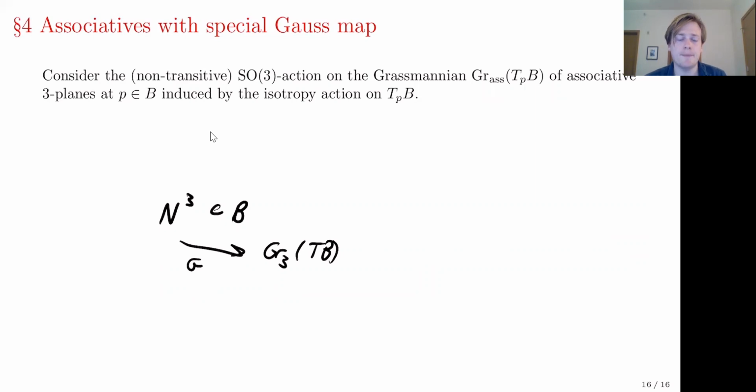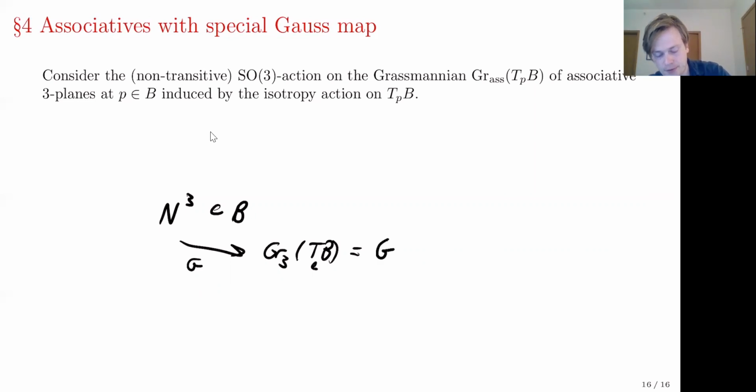Now, B is homogeneous under the action of SO5, so you can always act by an element of SO5 to pull it back so that you're actually in the tangent space at the identity coset of B. So remember, the isotropy representation is the representation H3.